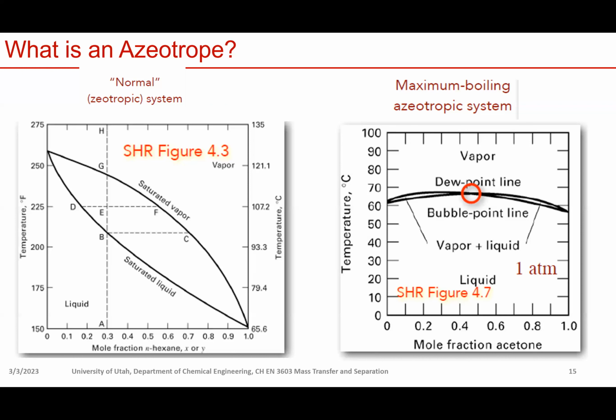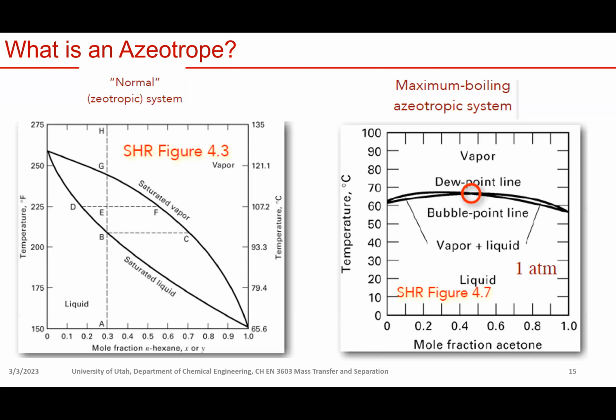Instead, in this case there will be a maximum, and this maximum point is the azeotropic point. At this point, the dew point and the bubble point just overlap with each other, pinched at that point.